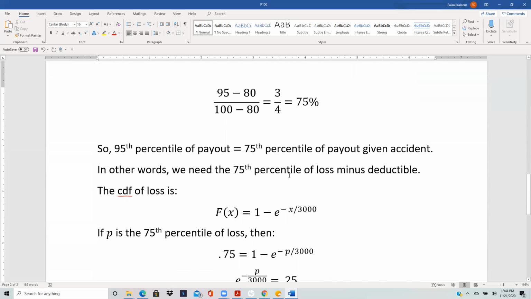So when an accident happens, loss occurs according to the given situation. And so the 95th percentile of the payout given that an accident happens is just the 75th percentile of the loss minus the deductible.